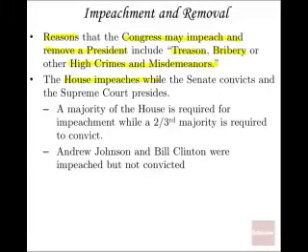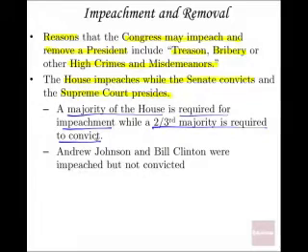So again, the House impeaches while the Senate convicts and the Supreme Court presides. A majority of the House is required for impeachment, so simple majority, while a two-thirds majority is required to convict, which makes it extremely difficult to impeach and remove a president. There really haven't been any serious calls for President Obama or George Bush to be impeached.